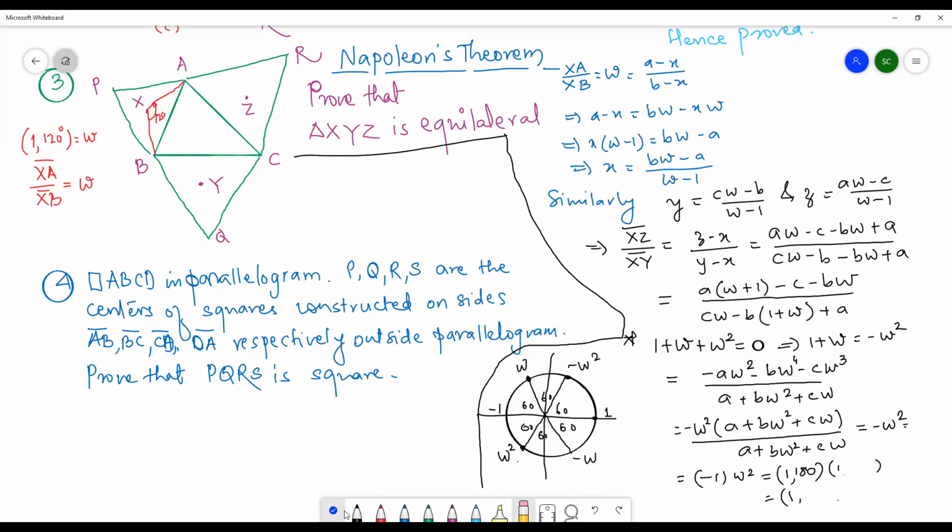Omega square is 240. And therefore the total becomes 420, which is (1, 60), which is omega. But then that is what I am showing you, and actually I was surprised, because omega when reflected in origin becomes minus omega square.